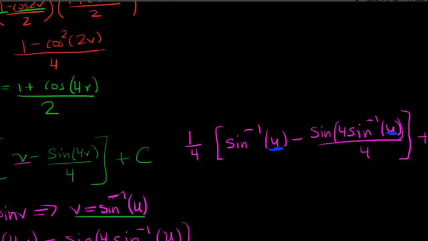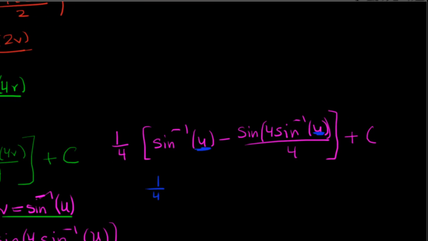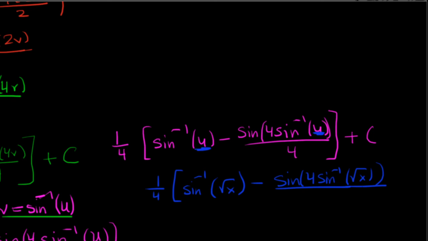Okay, so we're going to rewrite this as 1/4 inverse sine of square root of x minus sine 4 times inverse sine square root of x over 4, and then plus c.